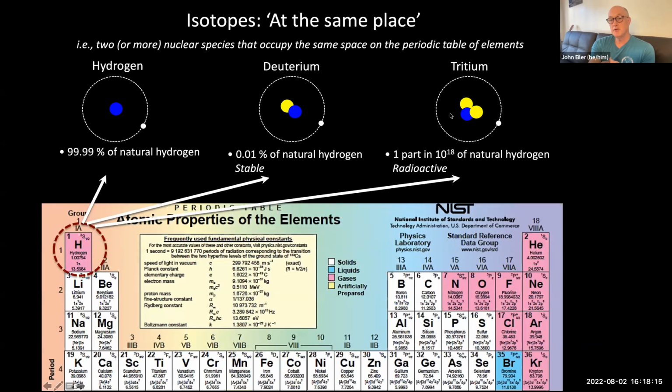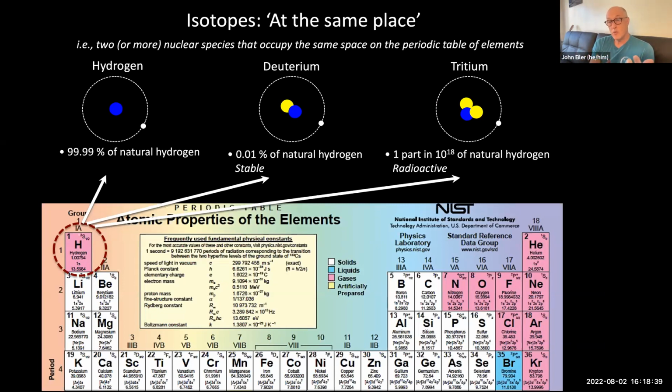Tritium, an extremely rare isotope of hydrogen, has 2 neutrons within its nucleus. That makes the nucleus unstable, and it spontaneously undergoes radioactive decay with a half-life of a little more than a decade. So 3 different isotopes of hydrogen, all of them behave chemically like hydrogen, and yet they're different.